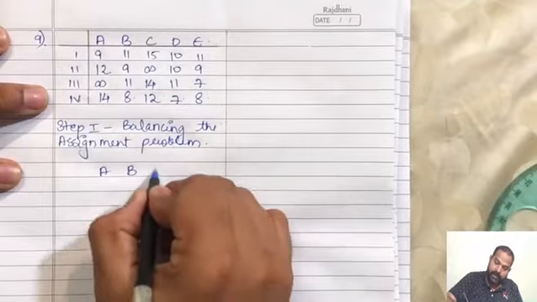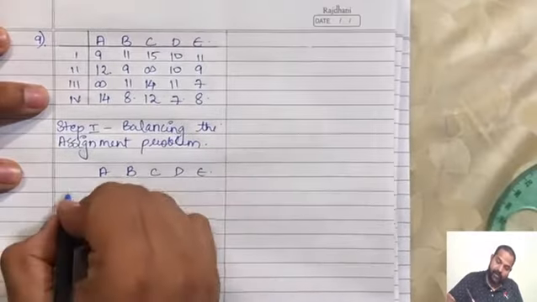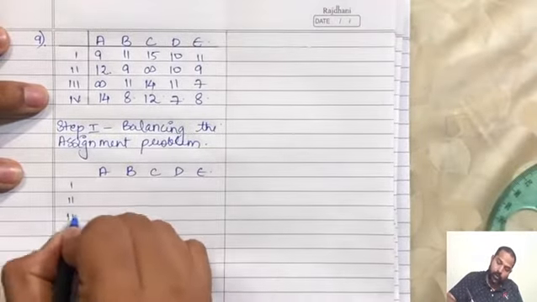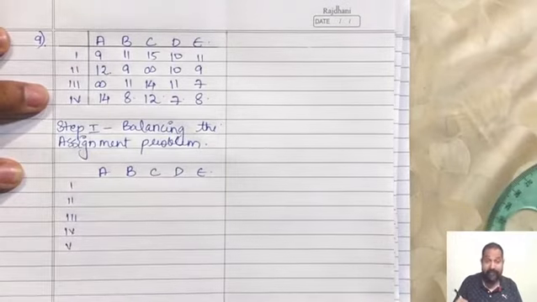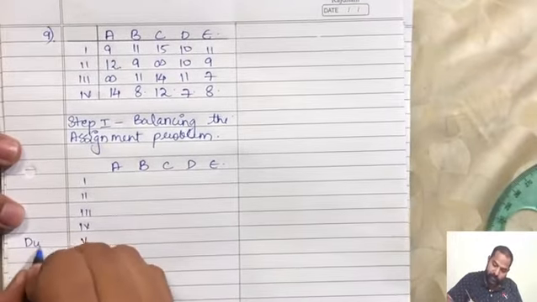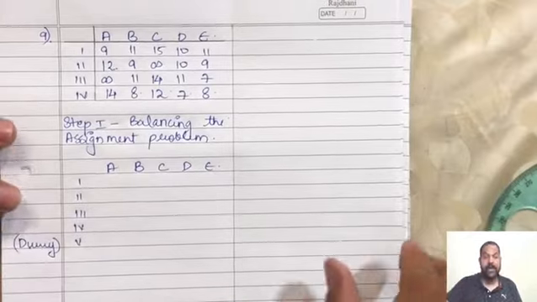A, B, C, D, E, 1, 2, 3, 4, 5, and this 5 is basically a dummy row.